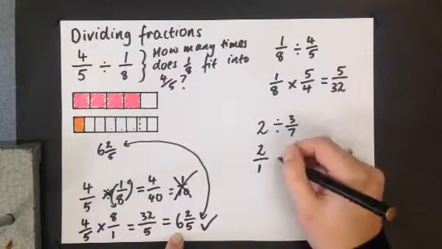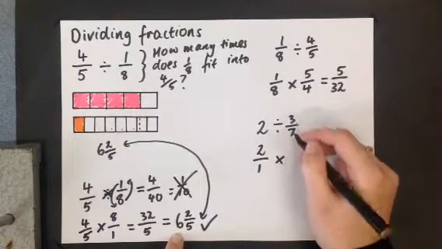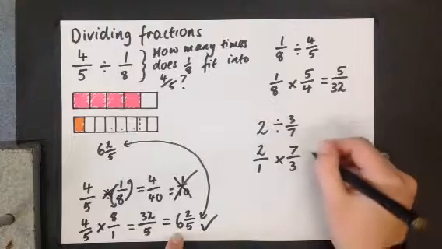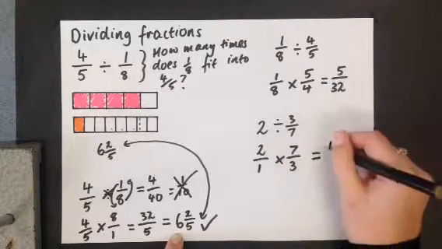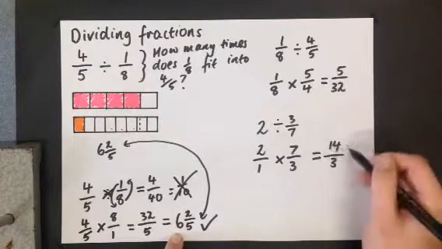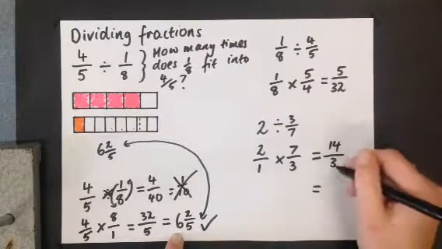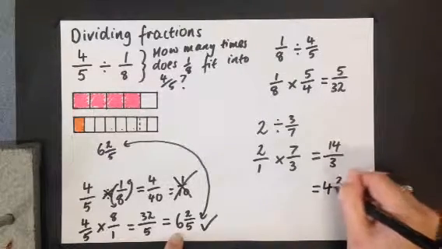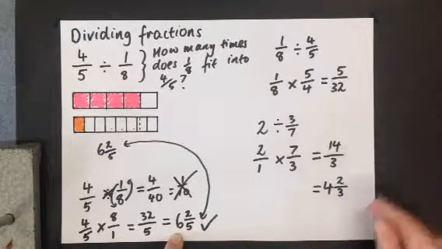So 2/1 times the inverse of 3/7, which is 7/3. 2 times 7 is 14. 1 times 3 is 3. Now that's an improper fraction. 3 goes into 14 4 times with 2 remainder. So we put that remainder over 3.